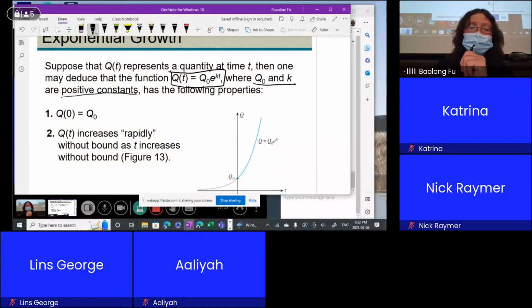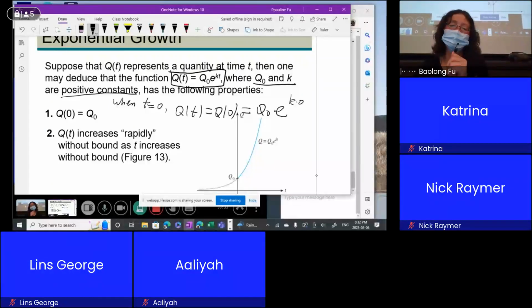When t equal to 0, Q(t) becomes Q0 equal to Q0 times e raised to power k times 0, equal to Q0 times e raised to power 0.